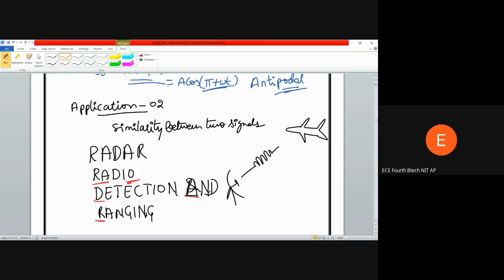But nowadays, in addition to calculating the range of the target, there are many applications of these radars. Nowadays, radars can give you images also. Radars can give you the velocity also, because the traffic police have a type of radar which identifies the velocity of moving vehicles.